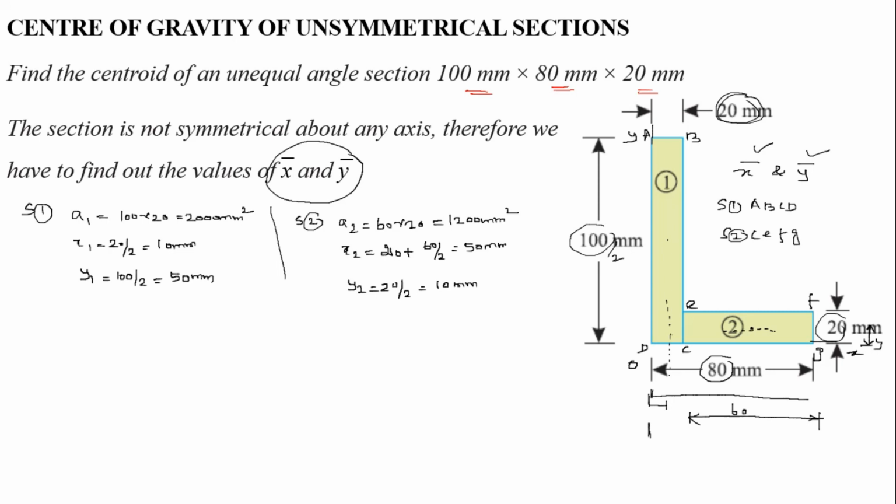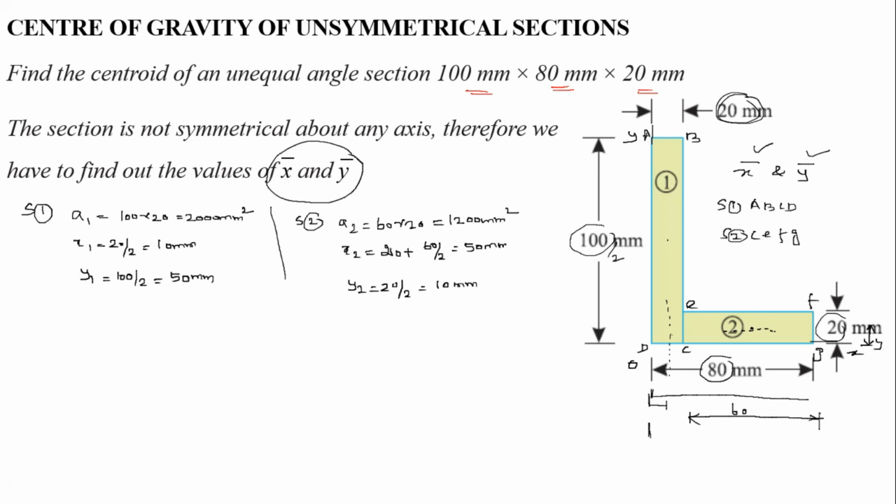So substitute the values for x bar and y bar. X bar is equal to A1 into x1 plus A2 into x2, divided by A1 plus A2.